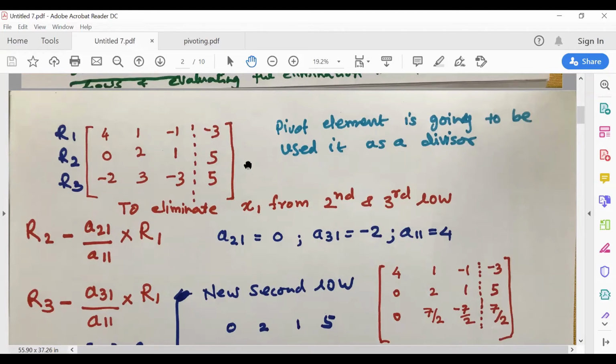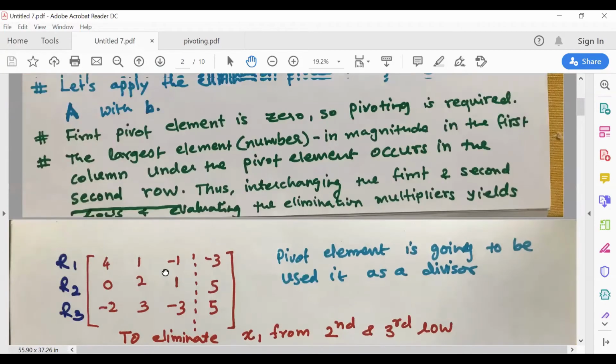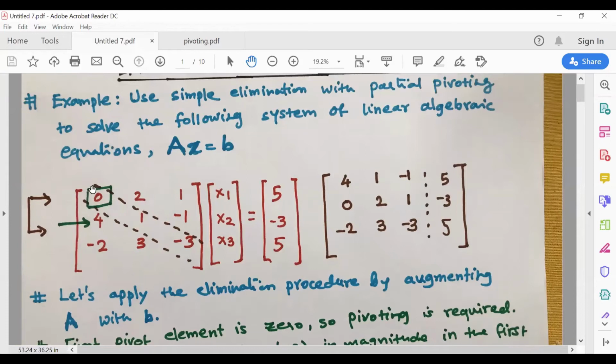But pivoting is something else. The major diagonal element should have the maximum, that is fine. But our focus in the earlier case was 4, because we were going to interchange rows.